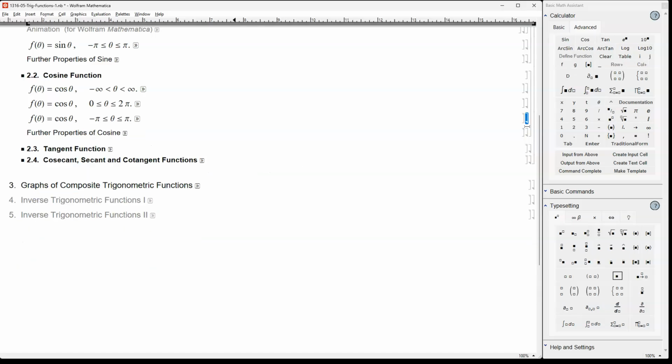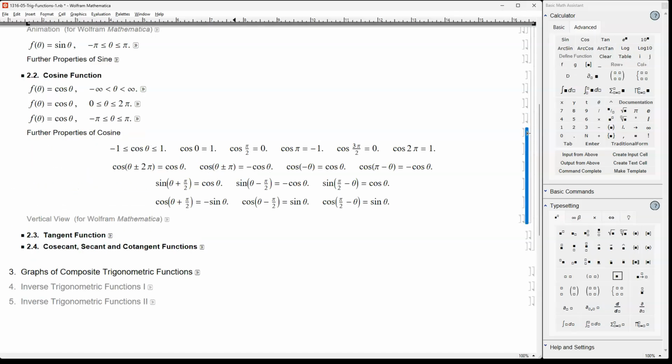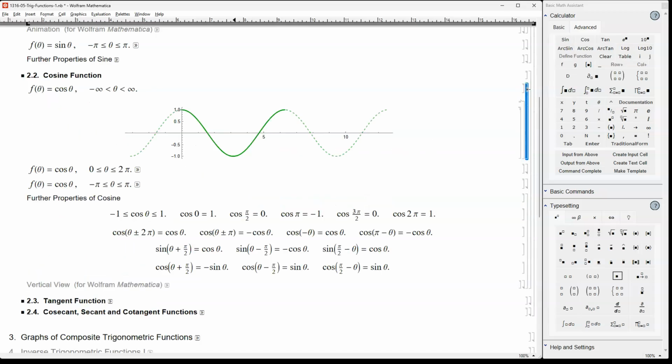And then we have some further properties of cosine. Again, bouncing back and forth between negative 1 and positive 1, and then these basic angles. And the period is 2 pi, and plus or minus pi gives the same pattern on the other side, so we have negative.